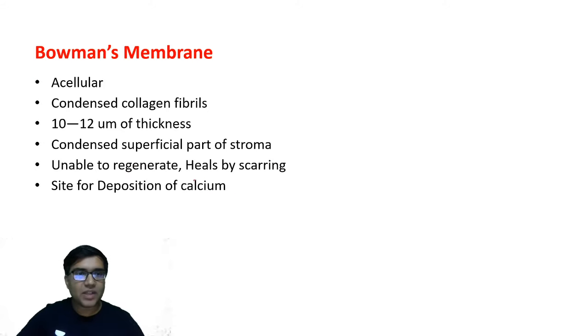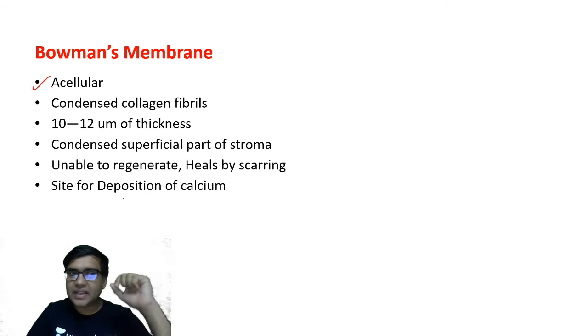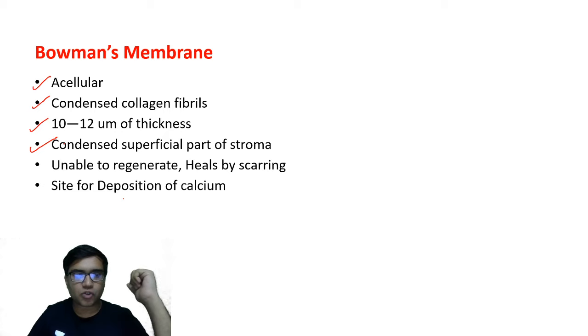Very good. Remember a few important points regarding Bowman's membrane. An acellular membrane made up of condensed collagen fibrils, 10 to 12 micrometer of thickness. Basically it is the superficial part of stroma.